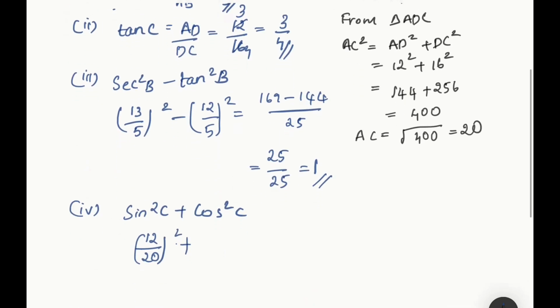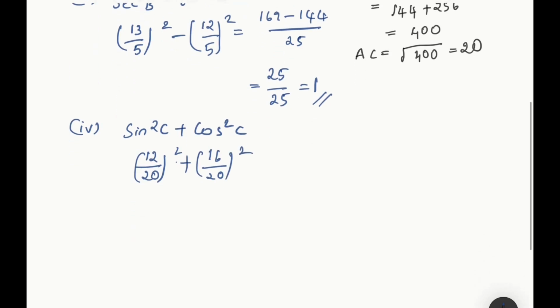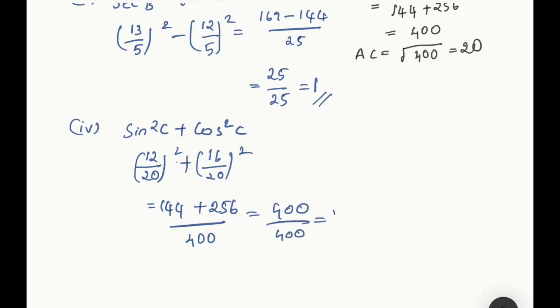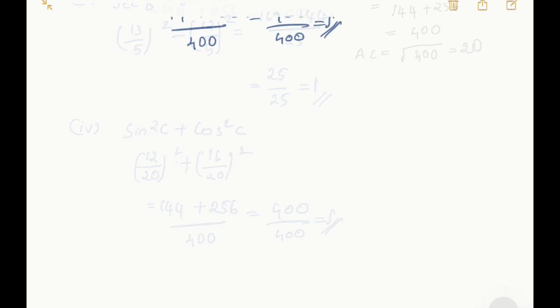Base is 16 by 20 the whole square. 12 square is 144 plus 16 square is 256. 20 is common in the denominator, you can take it as 400. So you get 400 by 400, that is equal to 1. Hope it's clear to you.